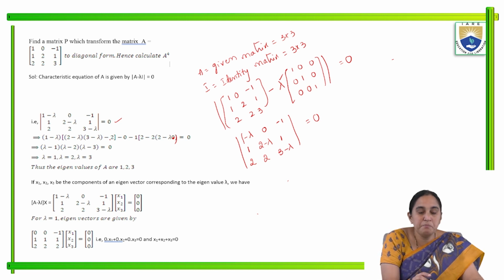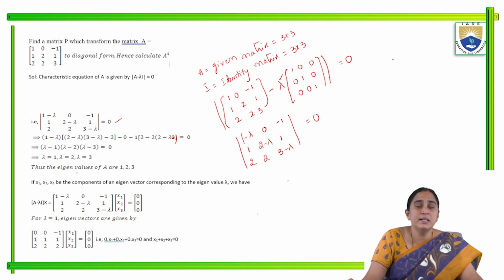After simplifying that, we directly get the equation form: (lambda minus 1) into (lambda minus 2) into (lambda minus 3) is equal to 0. Equating each and every term with 0, we get lambda is equal to 1, lambda is equal to 2, and lambda is equal to 3.